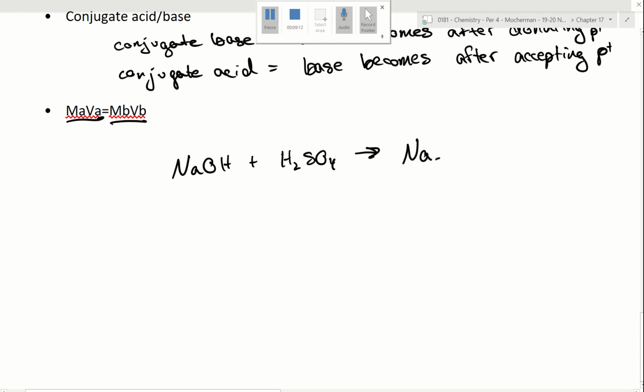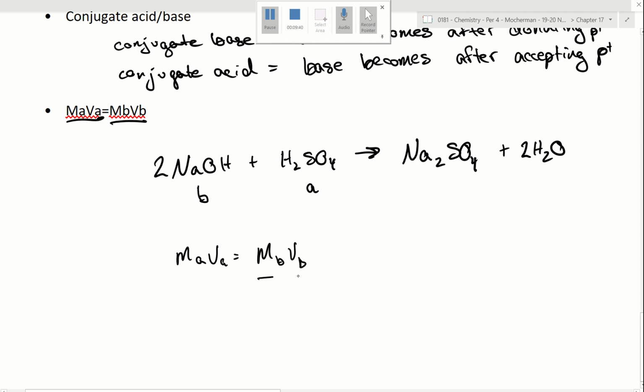That's going to form Na2SO4 plus H2O, and we're going to need two of those to balance that, and so we would need two of those as well. And so we balance it out. So the equation we would use, since this is my base and this is my acid, is MAVA equals MBVB divided by 2 because of that 2 right there.